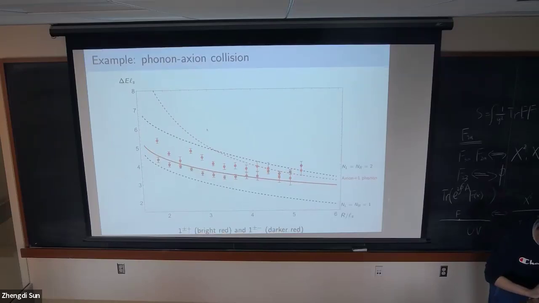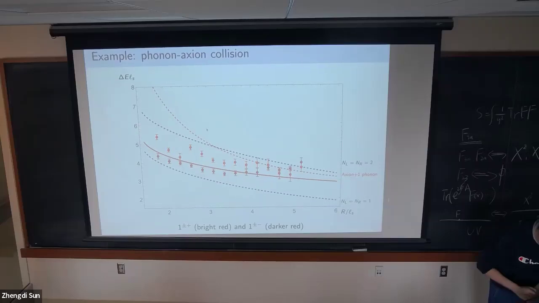And the third example, which is a bit more non-trivial, is where we consider one phonon and one axion that collide with each other. Here there are two states in this scattering channel, labeled by light red dots and dark red dots, and we see that they are actually non-degenerate.